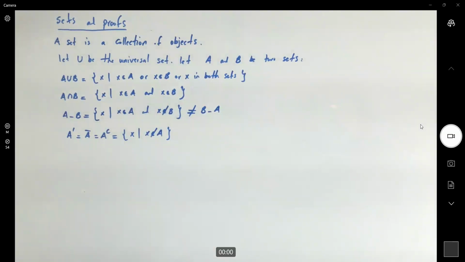So now we're going to use the direct definition and prove some relations between sets.